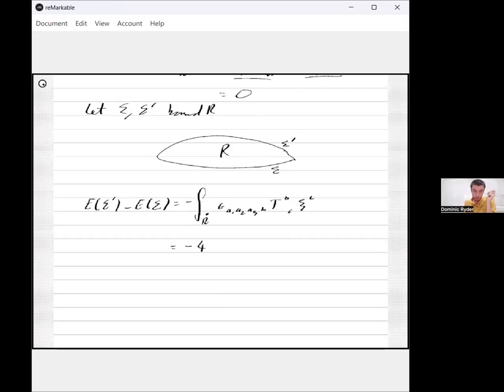And then by Stokes' theorem, we get this, where I'm explicitly writing the exterior derivative. It's now over R. Okay, and then we can move nabla through our volume form.